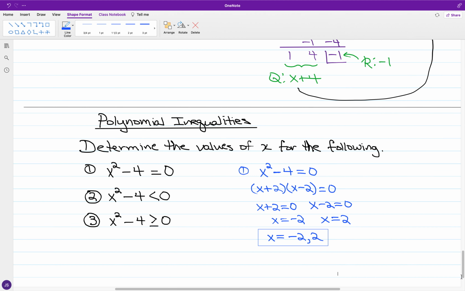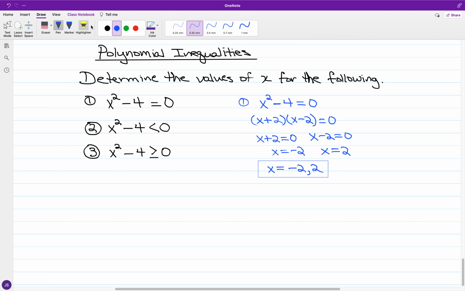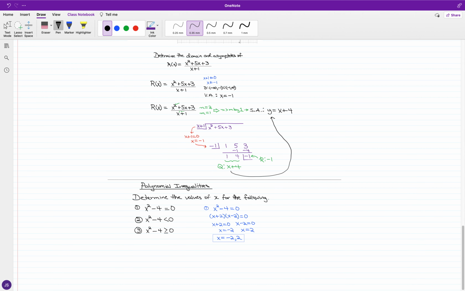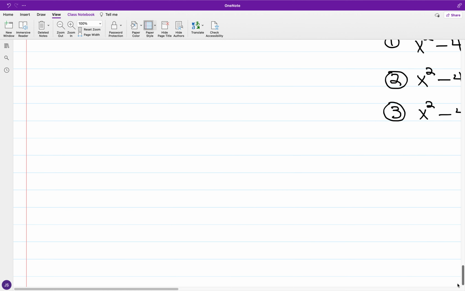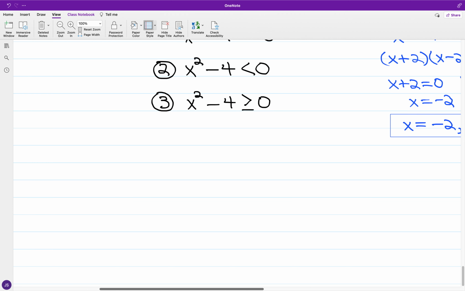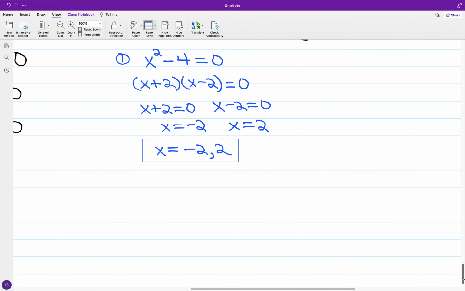Right. Now, for the case of the second and third items, I'll give you just a bit of a backdrop here. Again, we have x squared minus 4 is equal to 0.